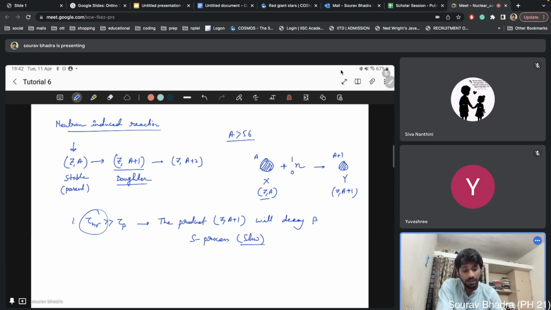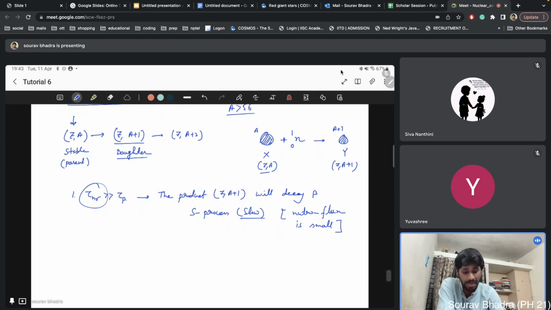On the other hand, the condition is that your neutron flux is also low. That's why the daughter nuclei have to wait for another neutron to come. But if your neutron flux is high, and also this condition holds, that your time to react with another neutron is smaller than the beta decay time, that is the second condition.